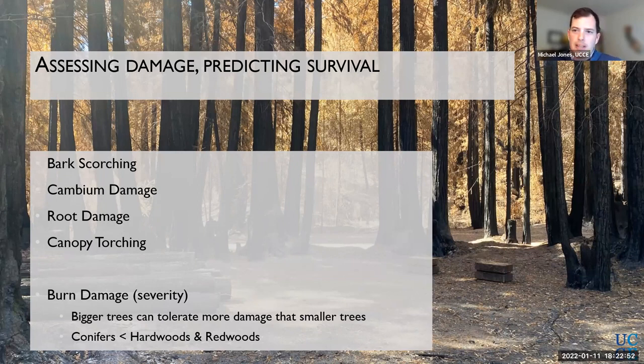So we look at bark scorching as that first observational determination of what the impact was. Then we look at cambium, root damage, and canopy torching. It's partially intuitive, partially non-intuitive, but bigger trees can usually tolerate more damage, and conifers are less tolerant of fire damage than hardwoods and the redwoods.